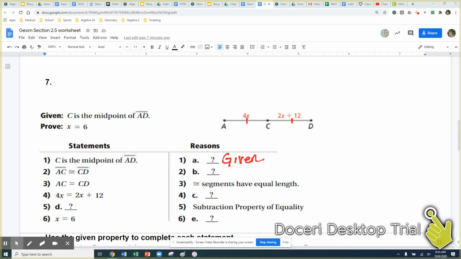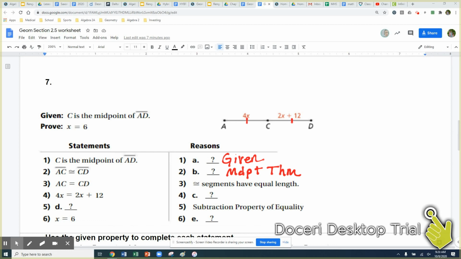And if you look down at your word bank down there, that is because of the midpoint theorem. And midpoint, I always abbreviate it MDPT. And theorem, I always abbreviate THM. So the midpoint theorem tells us that if you have a midpoint, it's going to split your segment into two congruent pieces, which I marked with the tick marks. That's my reason.